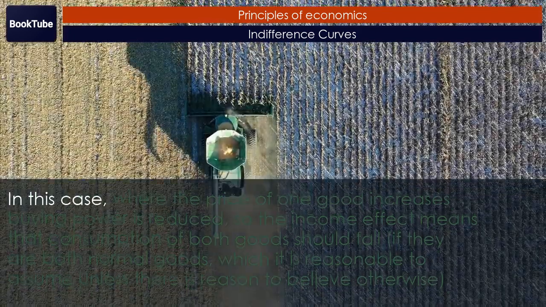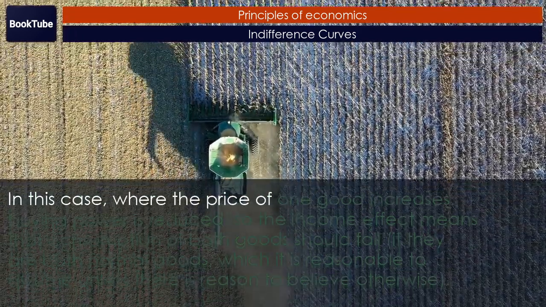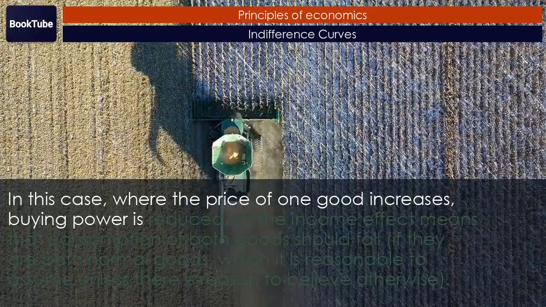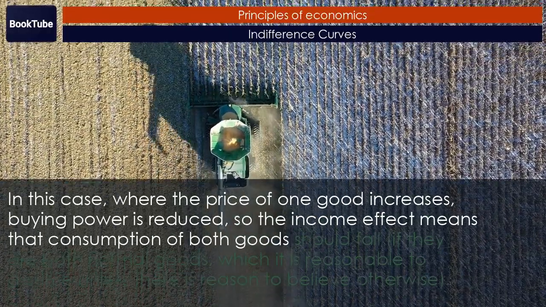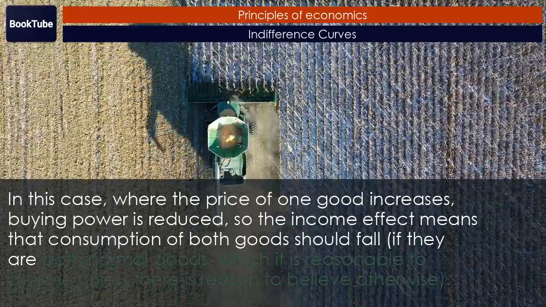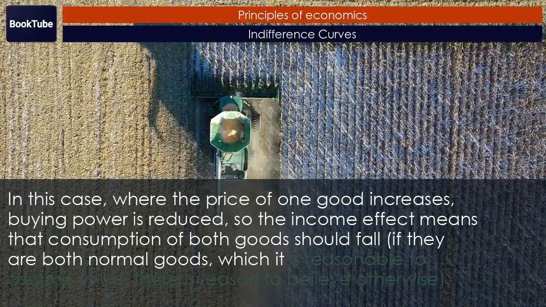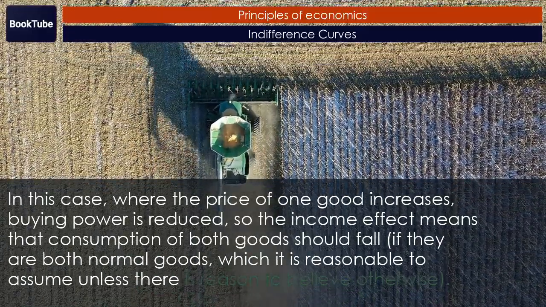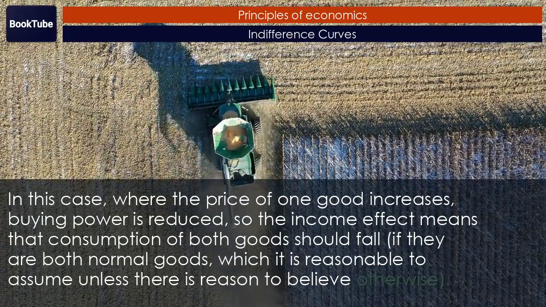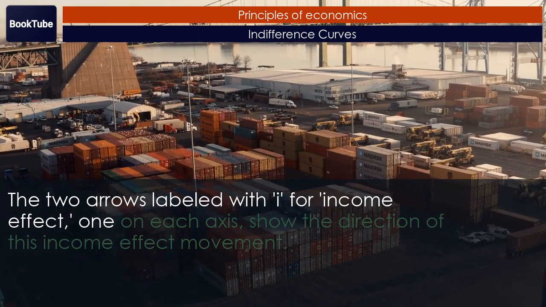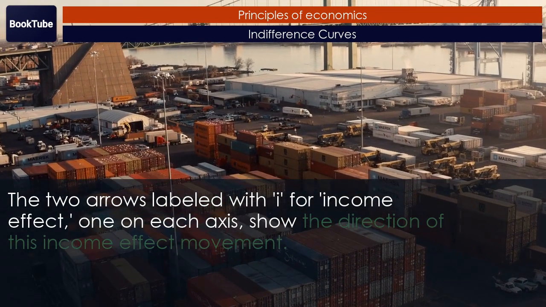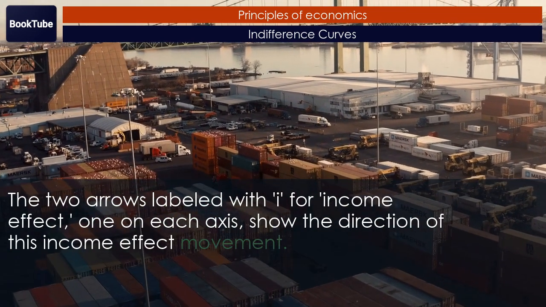In this case, where the price of one good increases, buying power is reduced, so the income effect means that consumption of both goods should fall, if they are both normal goods, which it is reasonable to assume unless there is reason to believe otherwise. The two arrows labeled with I for income effect, one on each axis, show the direction of this income effect movement.